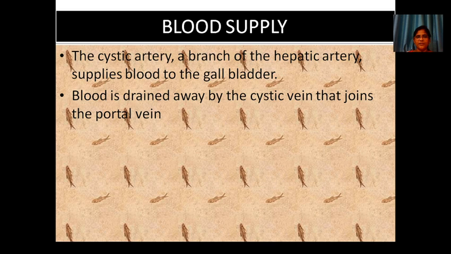Okay, very good. Let us see the blood supply of this gallbladder. The cystic artery is a branch of the hepatic artery and supplies blood to the gallbladder. Then the cystic vein drains away the impure or venous blood, and this cystic vein joins with the portal vein.